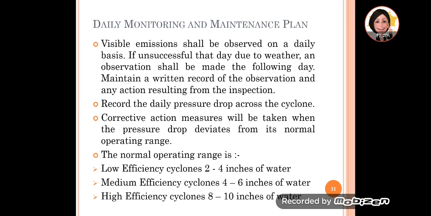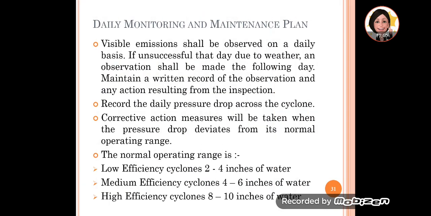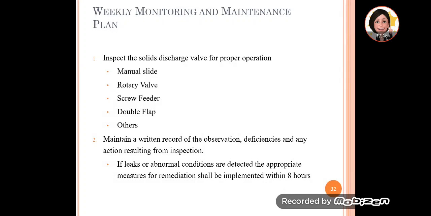And then I've also attached some monitoring and maintenance plans for the cyclone. We have a daily monitoring and maintenance plan, and a weekly plan, where we have to look into the discharge valves and operations. For the daily, we are more interested in the efficiency of the cyclones, so here we look into the parts of it.